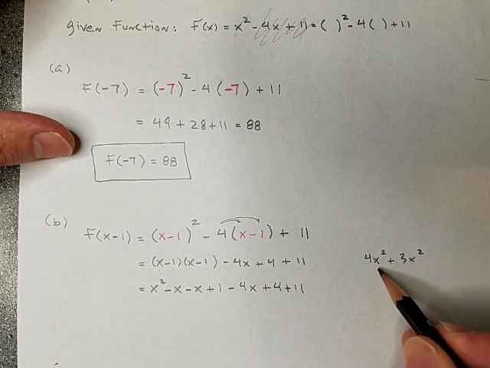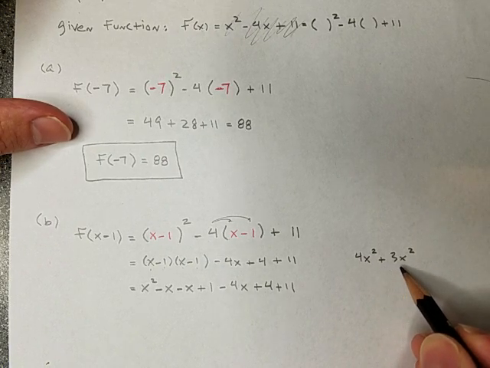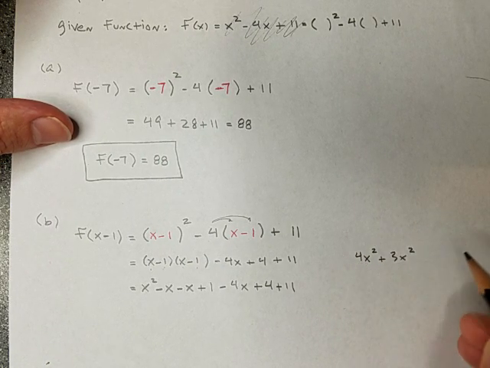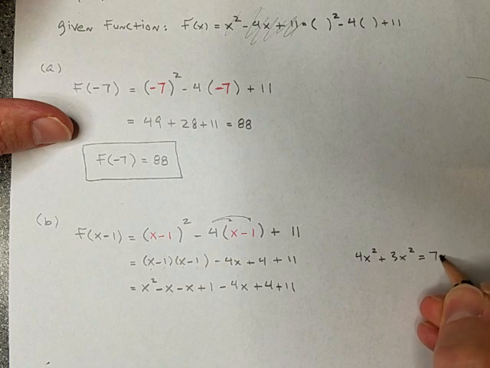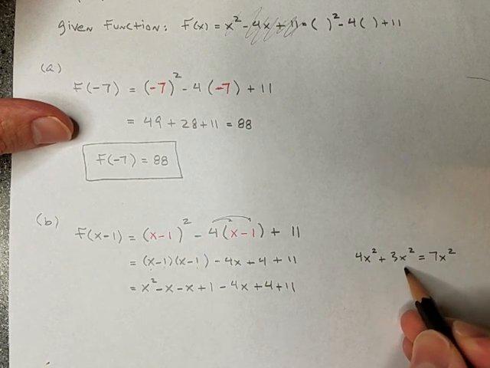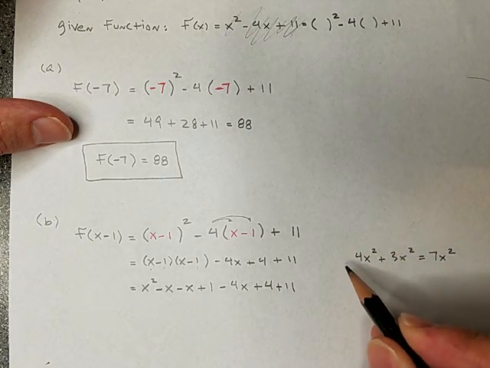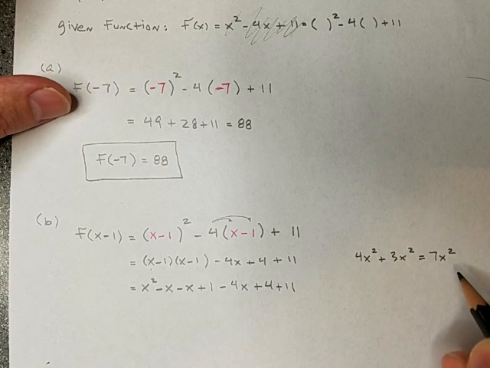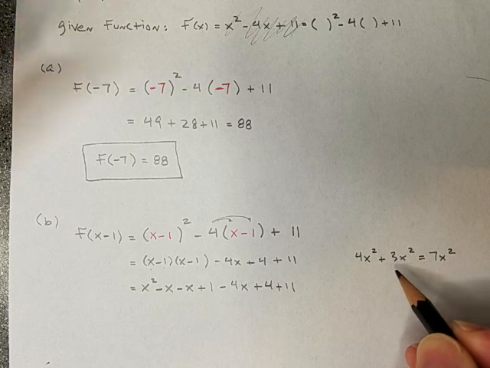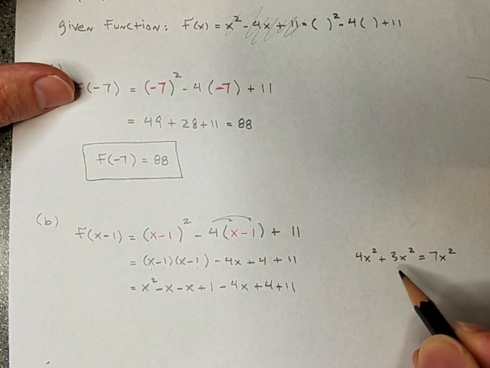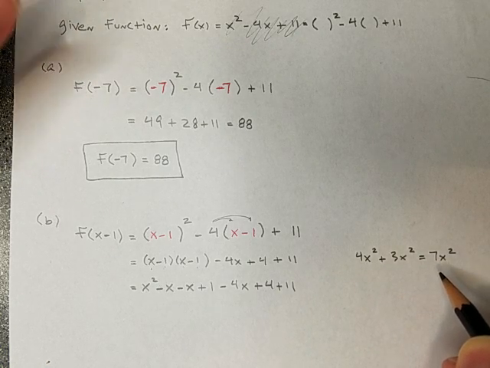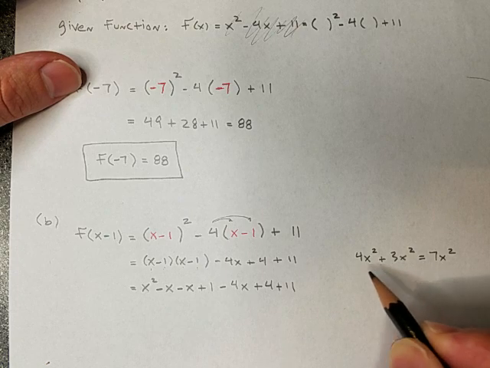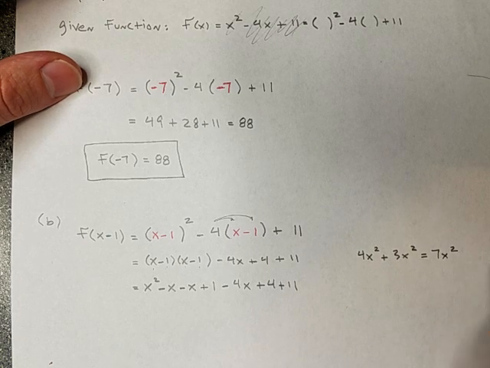Well, if you had 4x squares and you added 3 more of them, how many total would there be? There'd be 7x squared. These are called like terms. We imagine this as it's like saying that 4 apples plus 3 apples would be 7 apples. What's an x squared? Well, who knows, but if you take 4 of them and you add 3 more, there will be 7, okay? They are the same. They are like, so you can add them together.